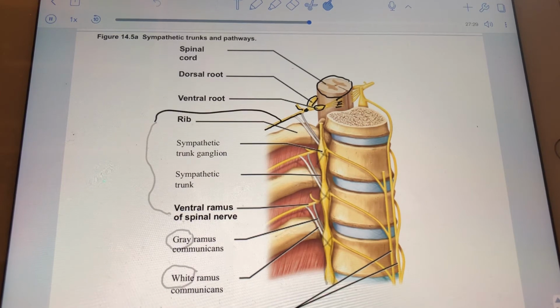That's definitely one of our guys that we want to keep our eyes on. It's labeled here as well, okay, and then here is the sympathetic trunk.